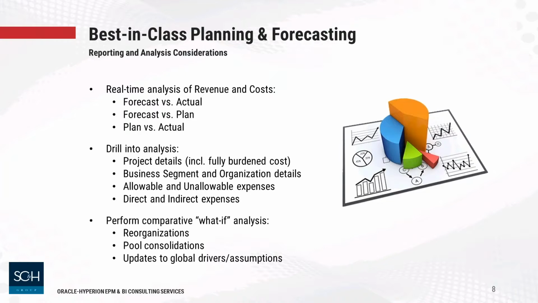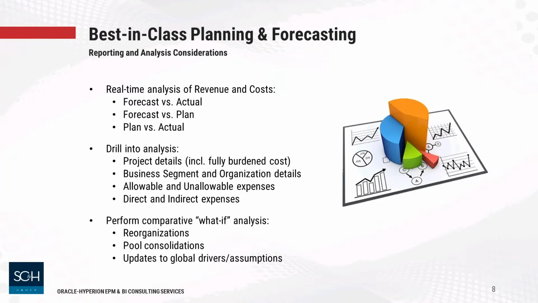Another component is just being able to do what-if analysis. This is very important to the industry just because there are multiple different activities in a given year that could trigger reorganizations, whether you have major acquisitions that require reorganizations and a recalculation of your indirect rates, or you may have an organization that has, as part of their strategy, an annual or a biannual process that goes through reorganizations just to be able to be competitive and leverage whatever efficiencies you want to take part of at different points during the cycle.